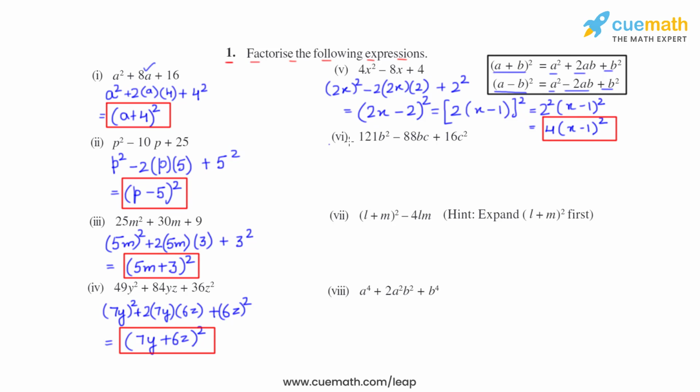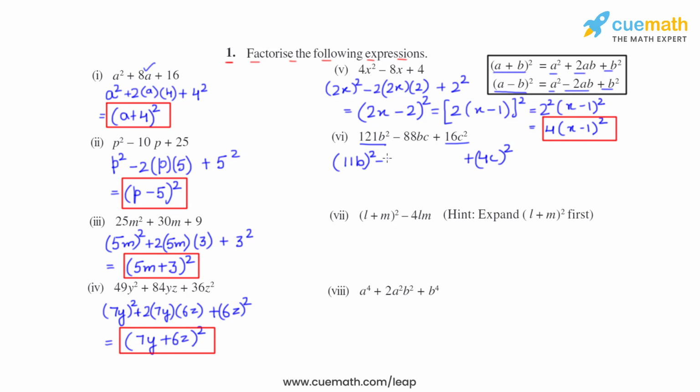Let's do the sixth part now. In the sixth part, 121b² and 16c². So 121b², 121 is the square of 11, so (11b) whole square, and 16 is the square of 4, so (4c) whole square. Now 2 into 11 is 22, into 4 is 88, so 88bc.